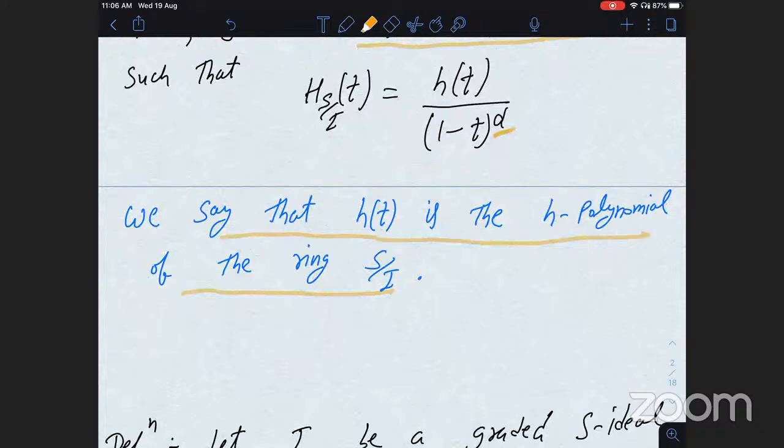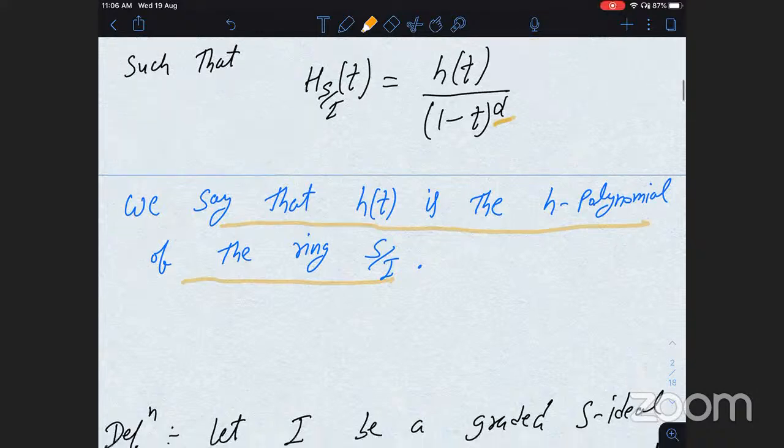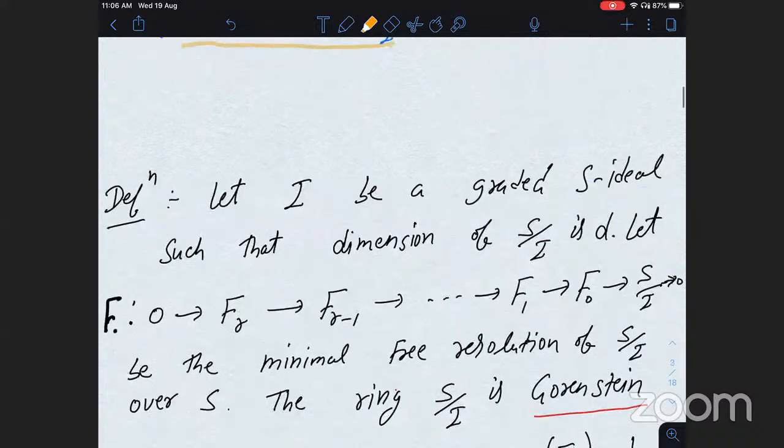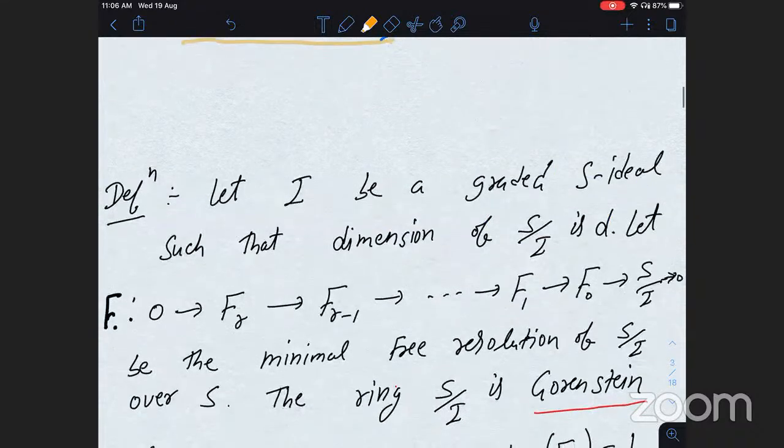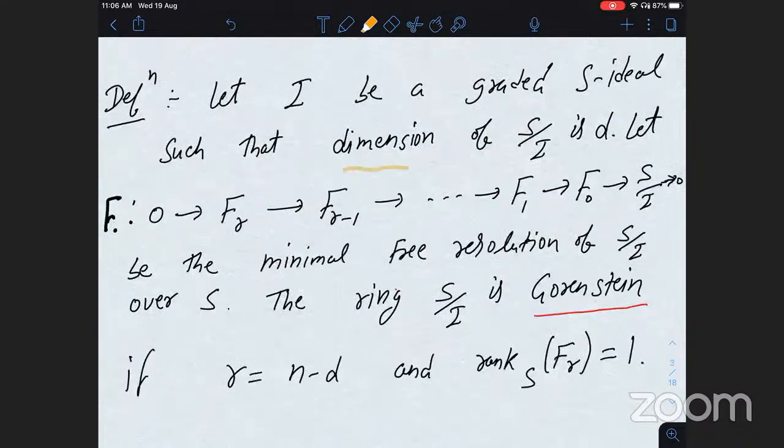The conjecture is actually about the H polynomial of a special type of ring. One more definition before I state the conjecture. Let I be a graded ideal of S such that the dimension of the ring S mod I is d.